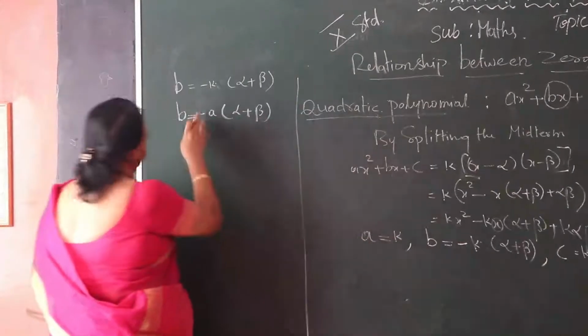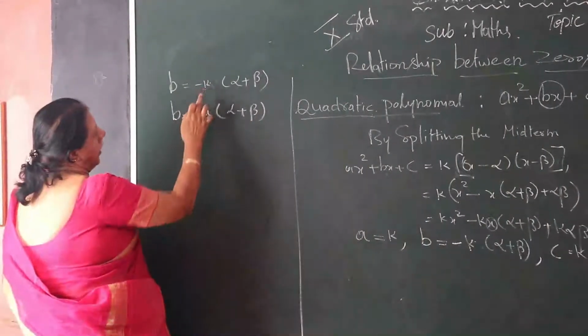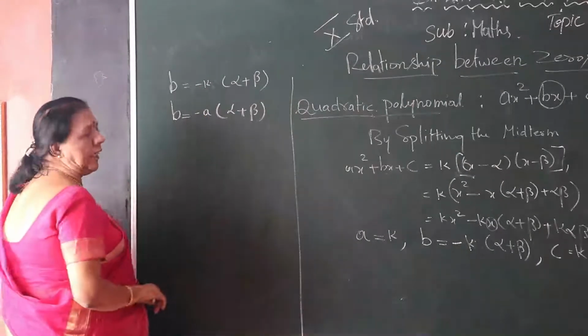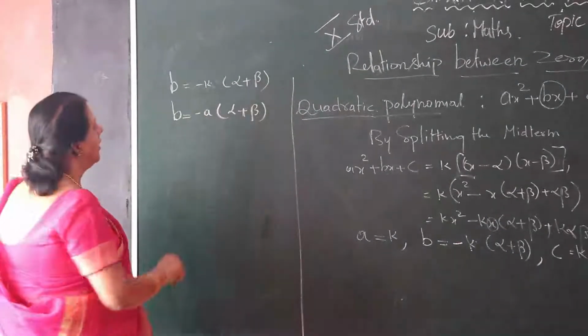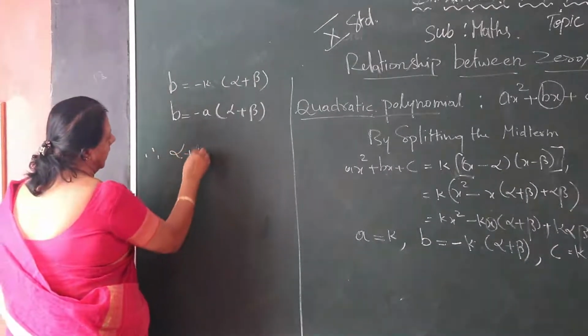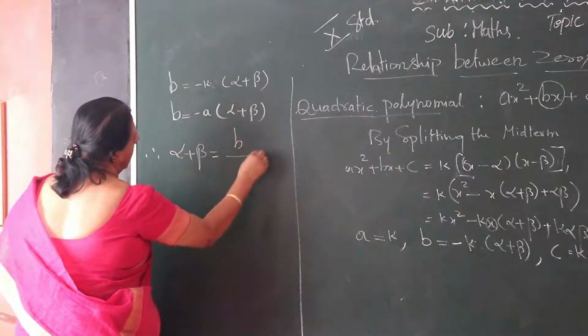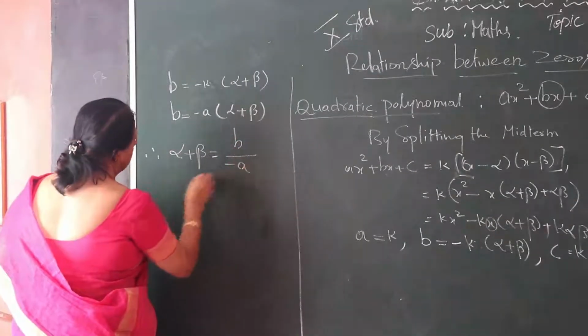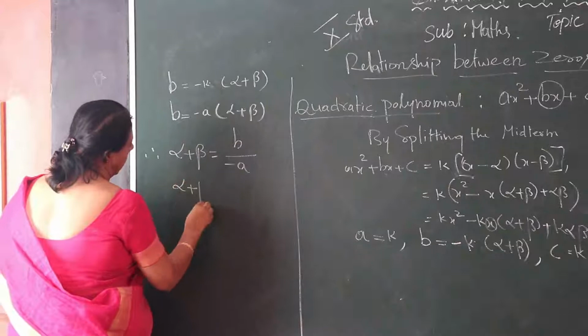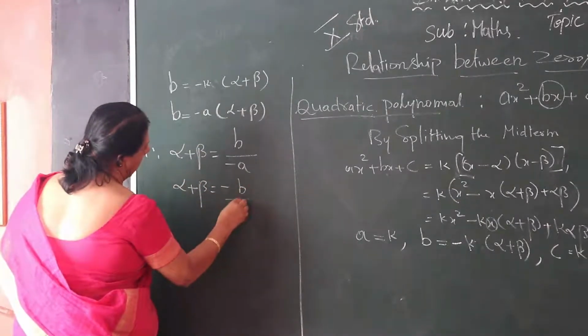Any one you can write. Because of convenience, instead of k, I have taken a. Therefore, alpha plus beta is equal to b by minus a. That is, alpha plus beta is equal to minus b by a.